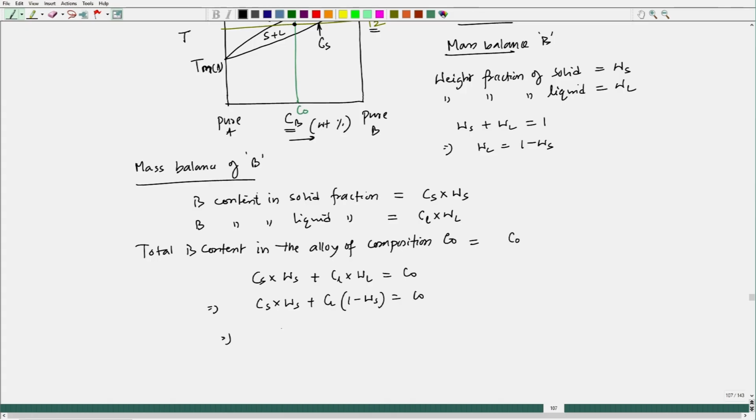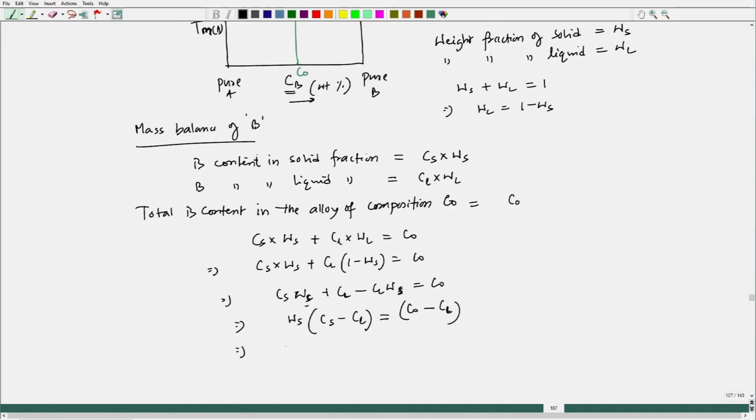So, then Cs Ws plus Cl minus Cl Ws, so this will be Ws times (Cs minus Cl) equal to C naught minus Cl. Fine. So, then Ws equal to (C naught minus Cl) divided by (Cs minus Cl).